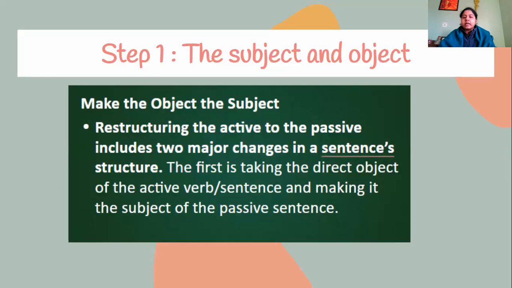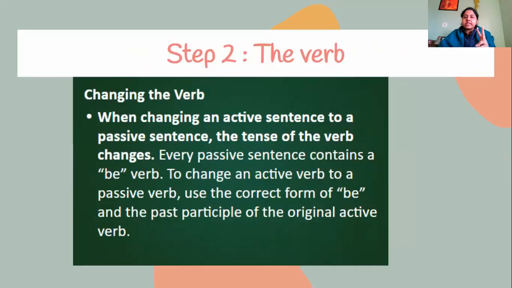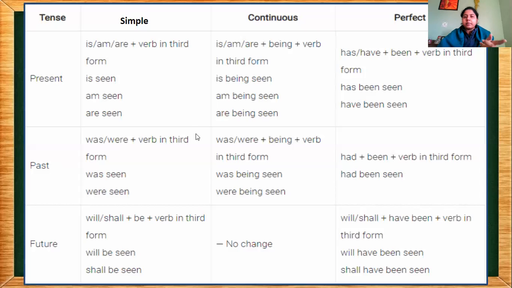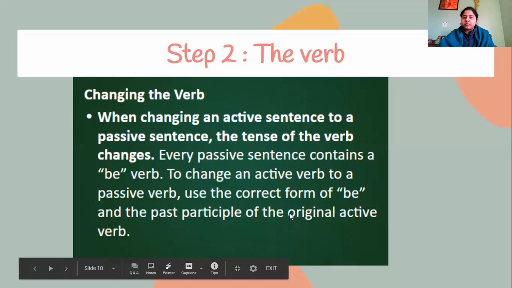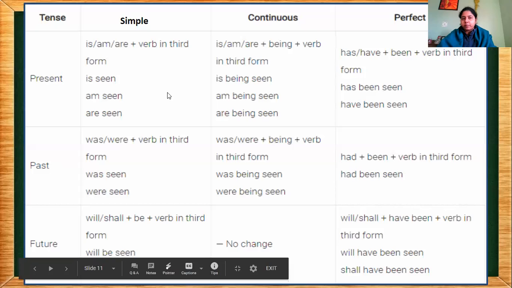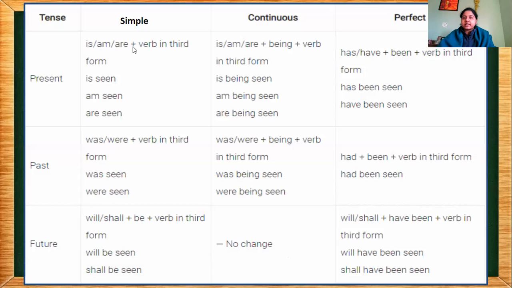ठीक है. Then step 2 is the verb, conversion of the verb. वो कैसे करेंगे? जो verb be होता है, उसका कोई ना कोई form लगेगा. कौन सा फॉर्म लगेगा? That depends on this table. ठीक है. So we'll select the form from that table and then we'll add the third form of verb, that is past participle form. So is, am, are के साथ past participle और third form में verb.